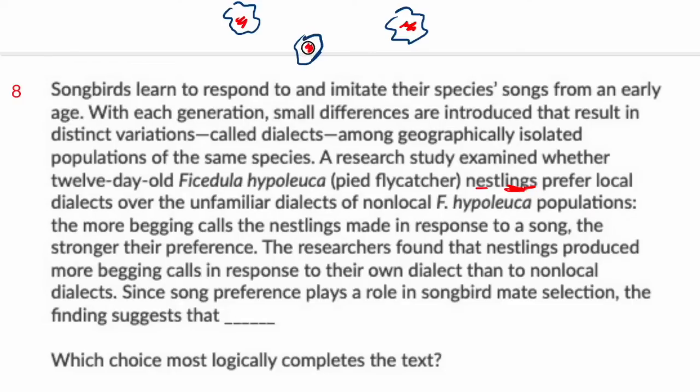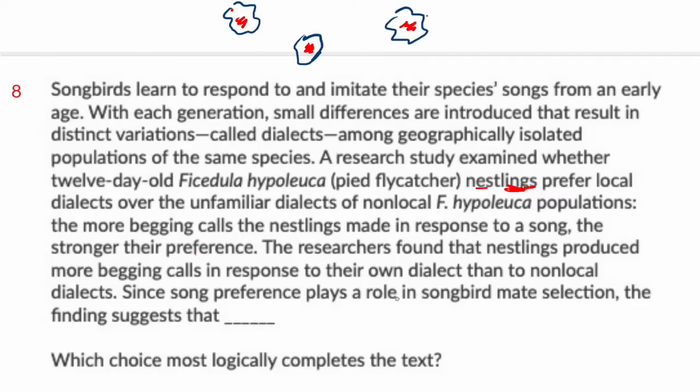So, for example, does a bird from here prefer the sounds that they hear here versus the ones that they might hear from birds coming from this island or that other island? They found that nestlings produced more begging calls in response to their own dialect than to non-local dialect. Okay, so that would mean they preferred the local one to the non-local one.